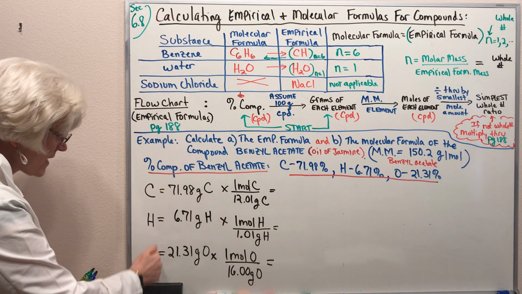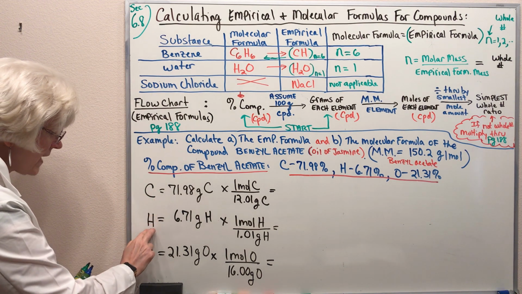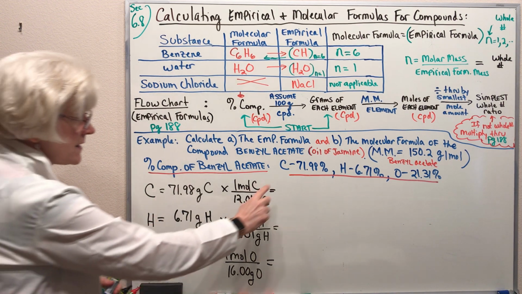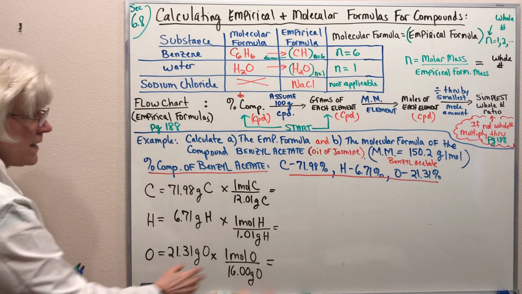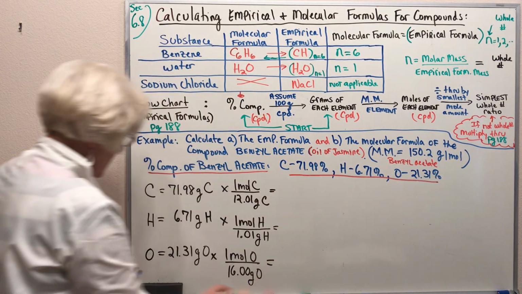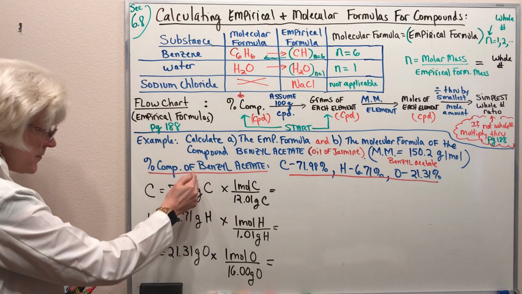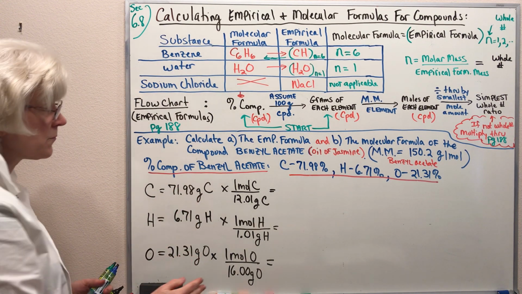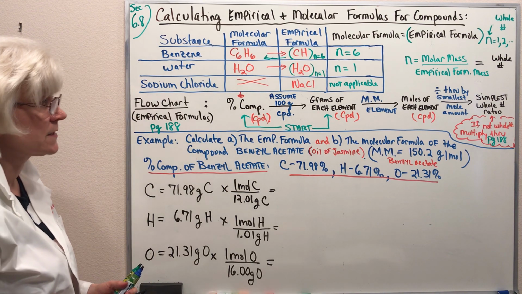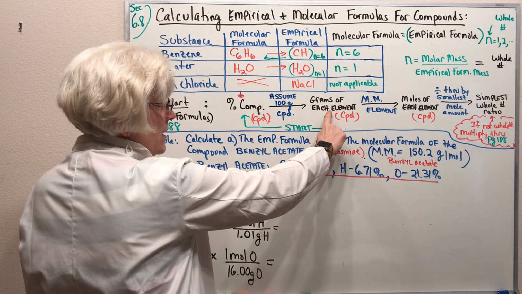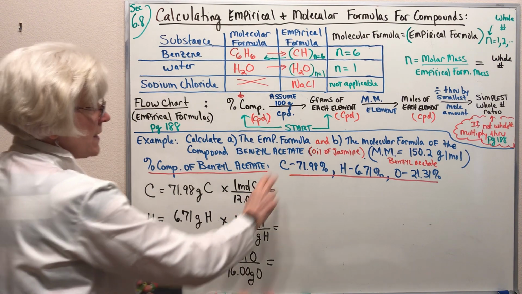Notice how I've set this problem up. I've lined up the elements present in the compound, carbon, hydrogen, and oxygen, vertically. I've taken their mass percents, dropped the percent, and put a gram unit with it, assuming I have 100 grams of the compound. So I'm now right here with a mass of each element.